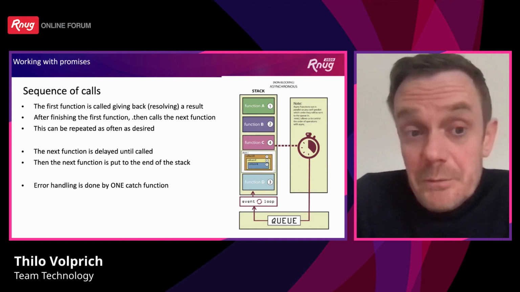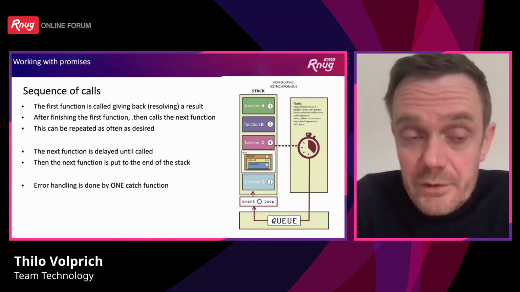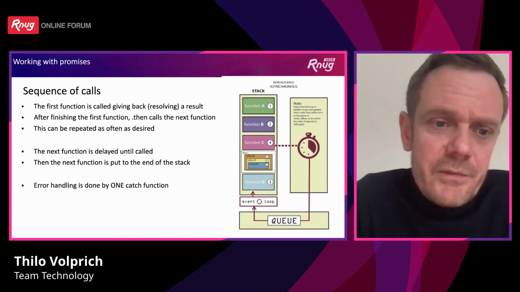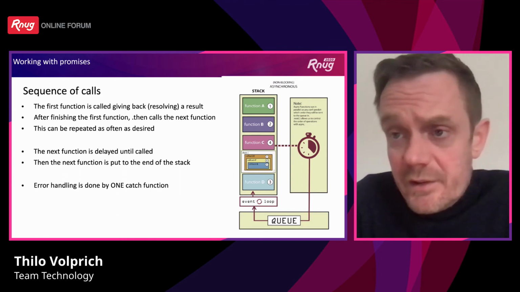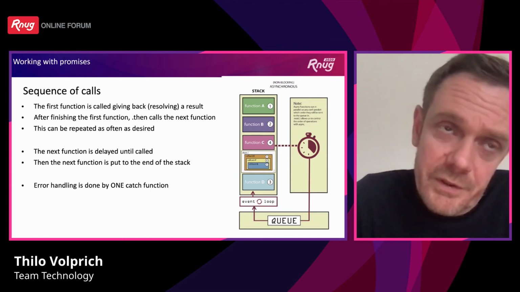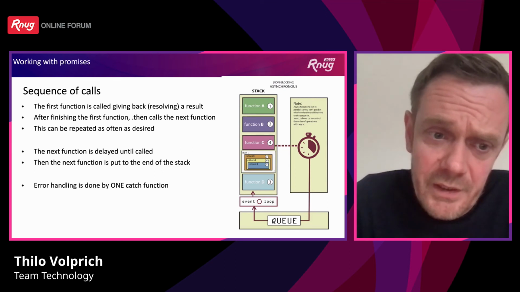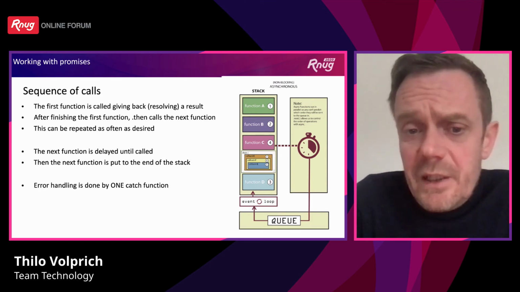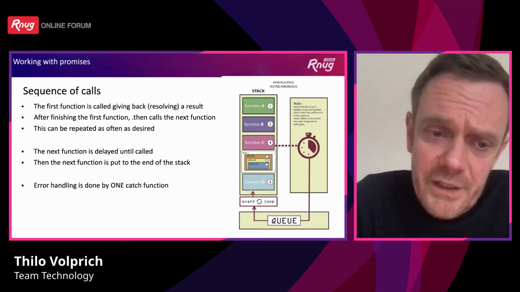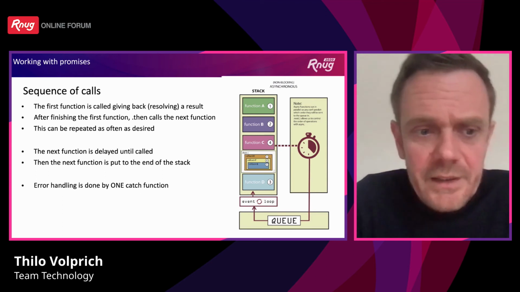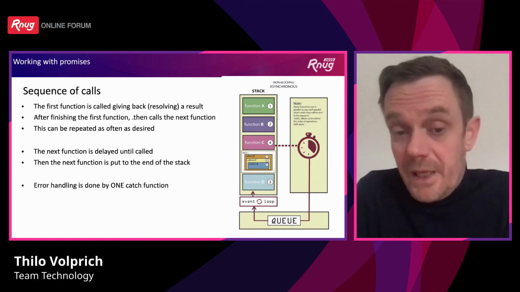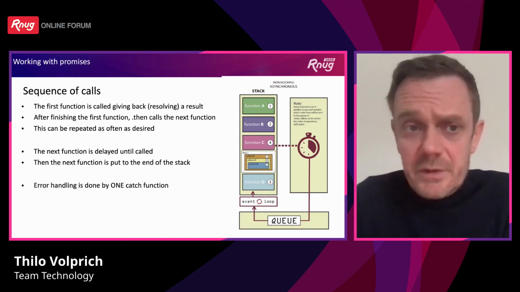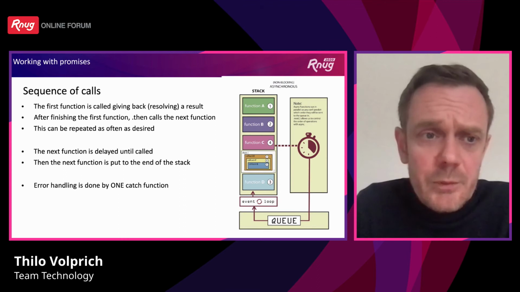This can be repeated as often as desired. You have seen we have done it 5 times. The next function is always delayed until the previous function finishes. And we get the information from the previous function and can use the result in the next function. And the error handling is done by one single function just to catch the error and work with.